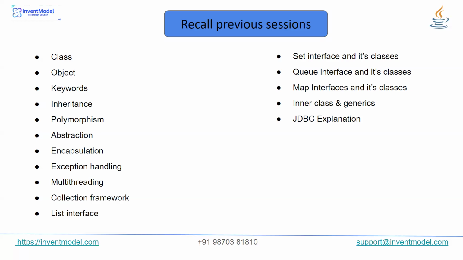Now let's move to the keywords. What are the keywords in Java? I think 58 or 59 keywords are already present in Java. A keyword is a predefined word, and every keyword has a specific meaning and property. If you use this, it refers to the current class properties and the current class object.